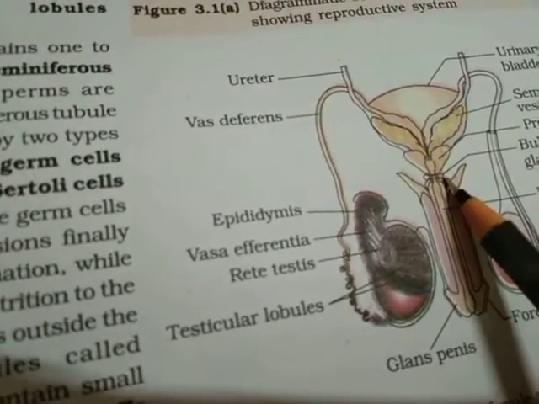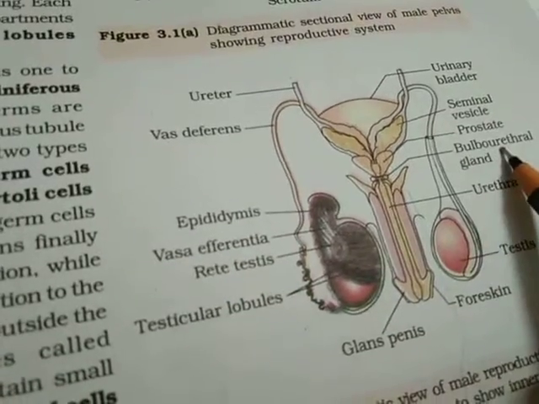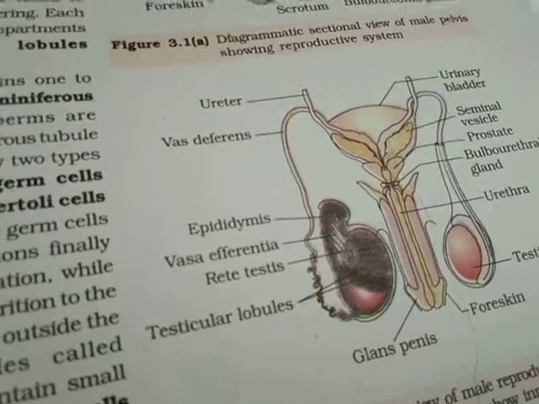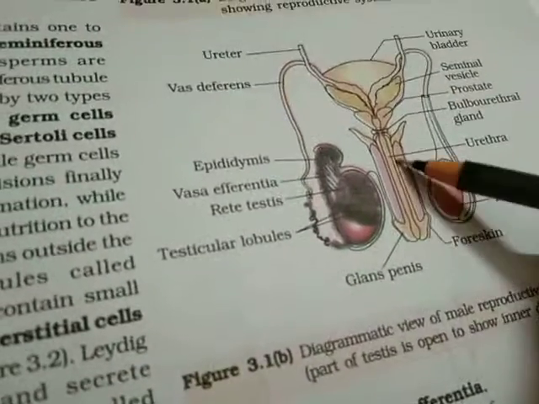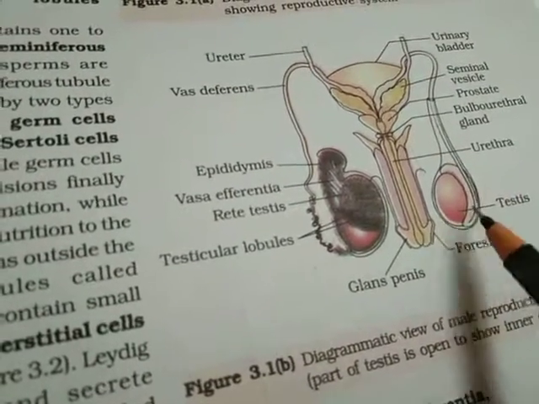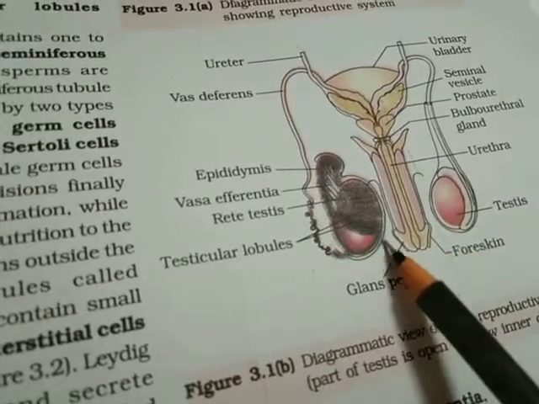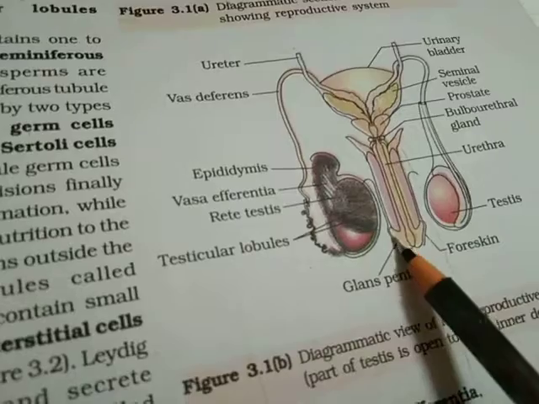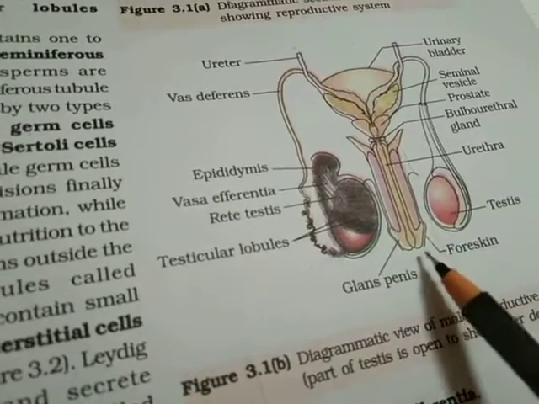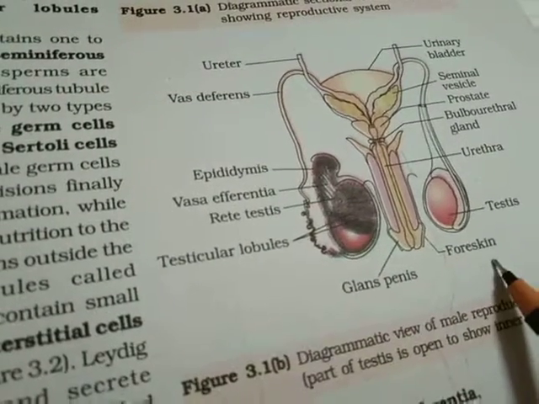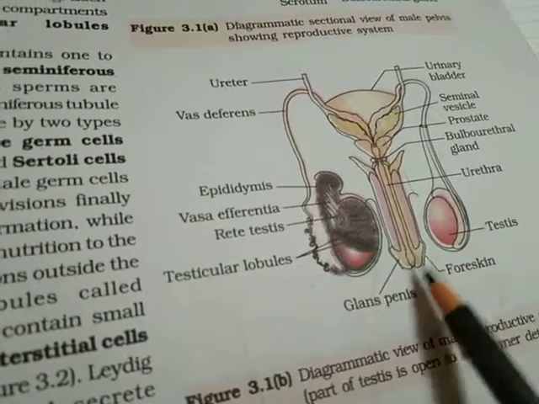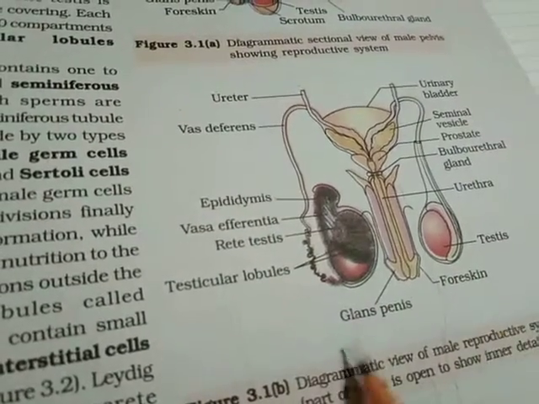And this pea-shaped structure is the bulbourethral gland or the Cowper's gland which provides lubrication. Finally, the sperms come out to the external genitalia which is the penis. There is an extra skin fold on the outermost surface of the penis which is known as the foreskin. The sperms after the ejaculation finally leave the male body.